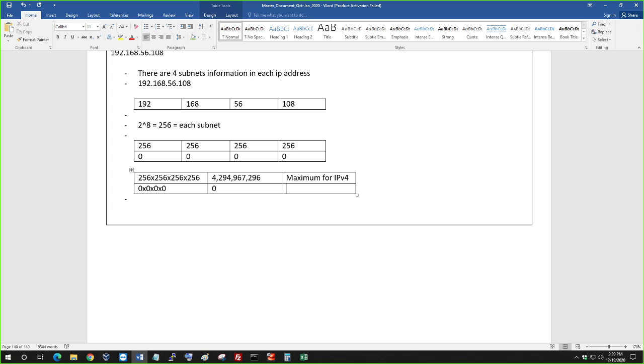And this is the minimum it starts from. So we have already exhausted IPv4 addresses, since they cannot go beyond a maximum of 4 billion.